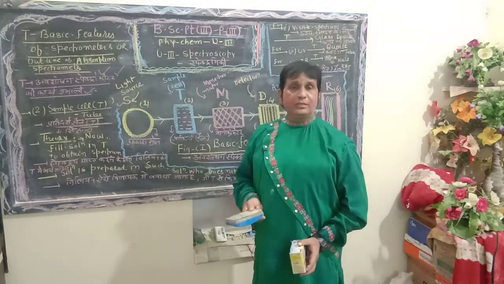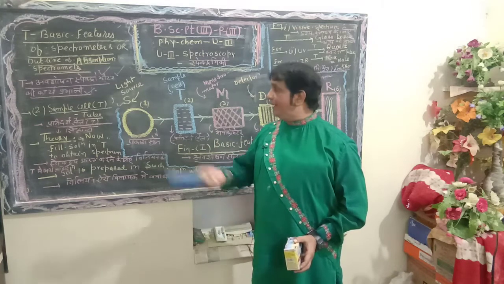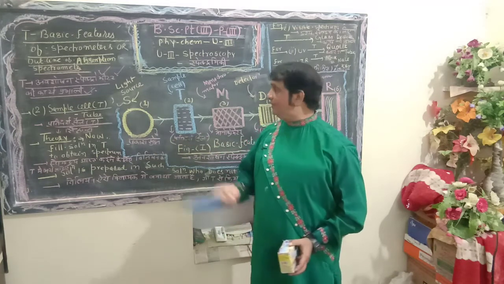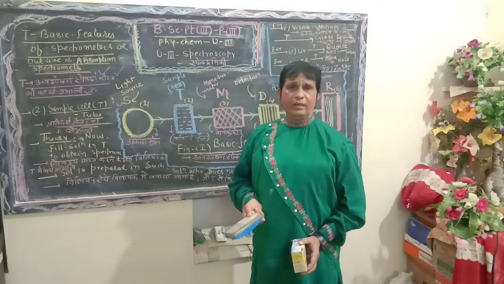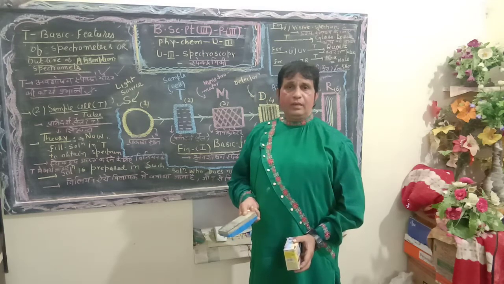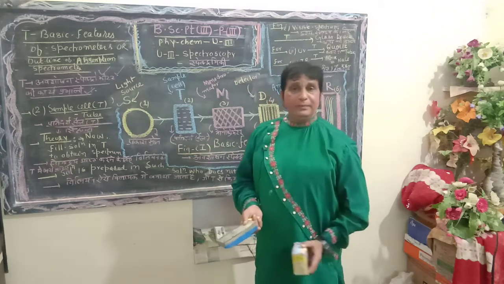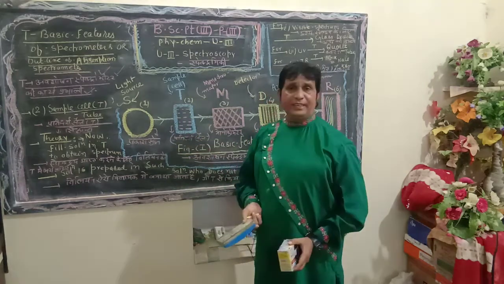Today, the next part of the spectrometer, connected with the light source, is also a very important device, symbolized by T, the sample cell.